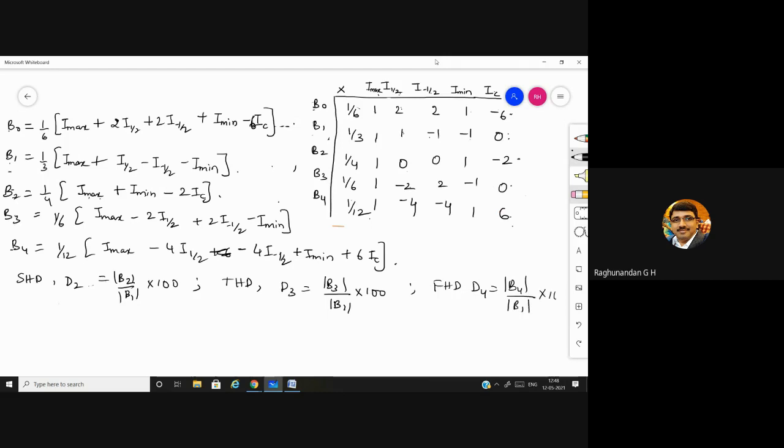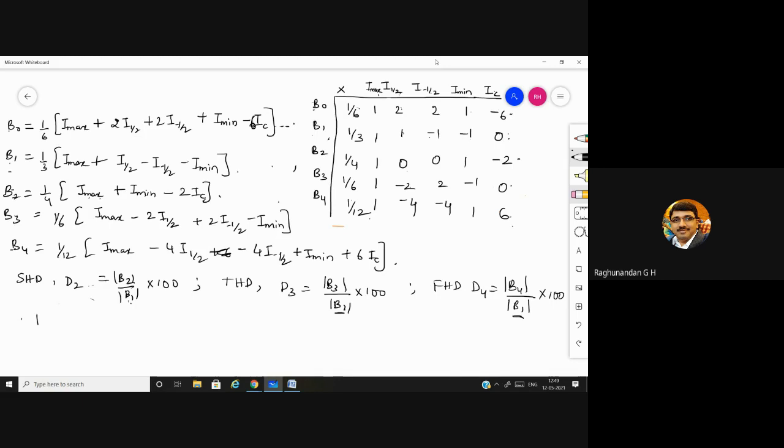Can anyone tell me why I am taking only B1 in the denominator? That's the fundamental signal. Yes, good. So here we are going to find out how much your present signal is varied with respect to the fundamental signal. That's why we are taking the fundamental signal in the denominator and our present signal in the numerator.